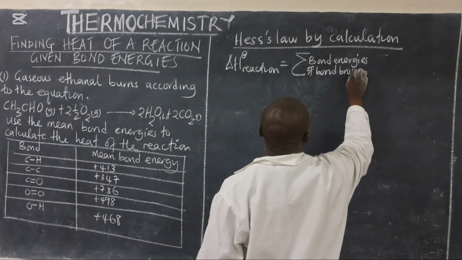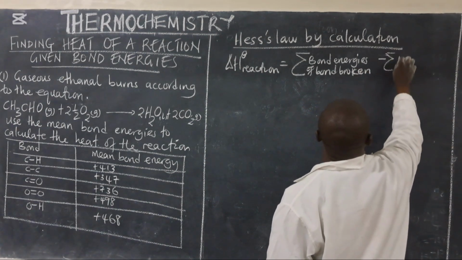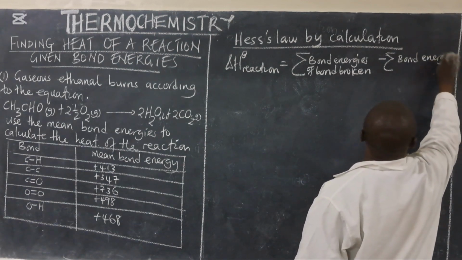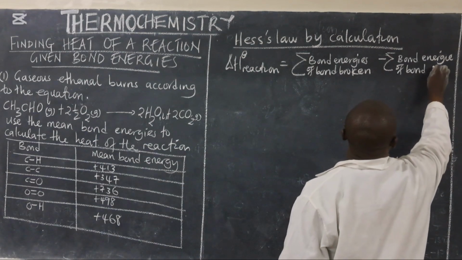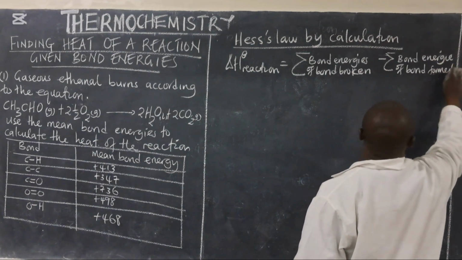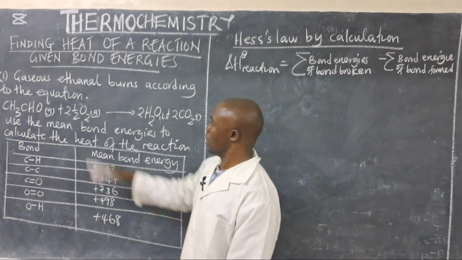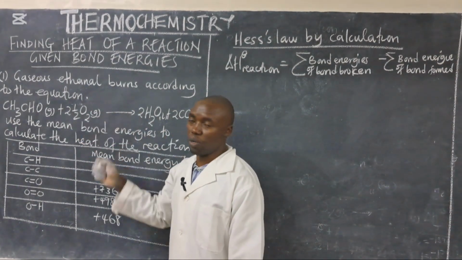Bonds are broken in reactants, minus summation of bond energies of bonds formed. And they are formed in the products. So let's look at our reaction here. Gaseous ethanol burns according to the equation. So we have to show the bonds present here.